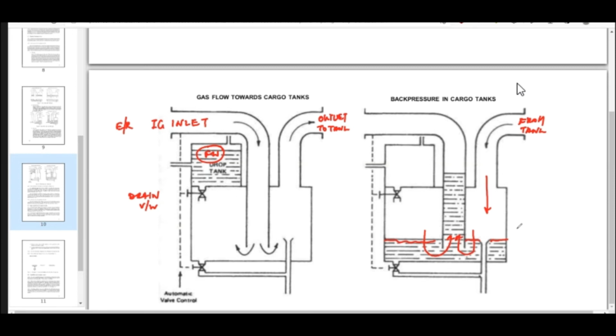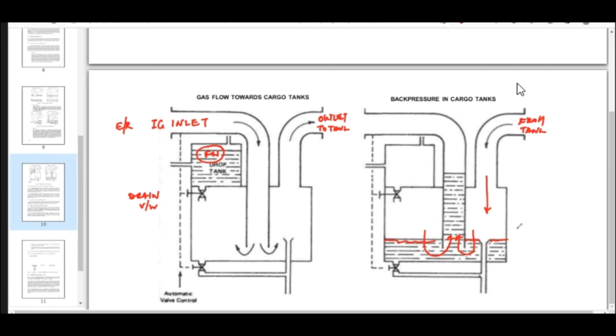So we have a floating tank, or an overhead tank, you can say, that is full of some fresh water or seawater, whichever one you like. Now that is pneumatically controlled, right? So when there is no pressure in the IG pipe going into the tank, that is, the IG plant is stopped, then that drain valve will automatically open, it will fill up the liquid inside, and it will stay there.